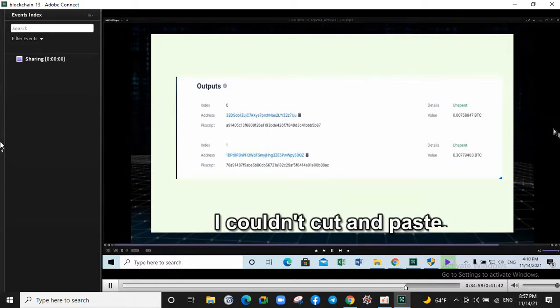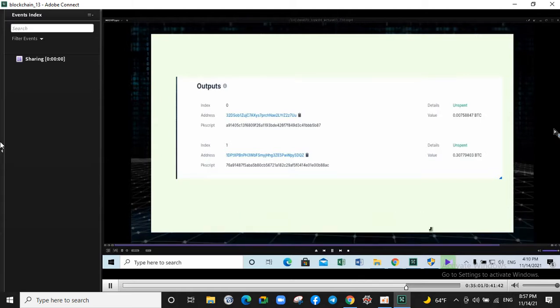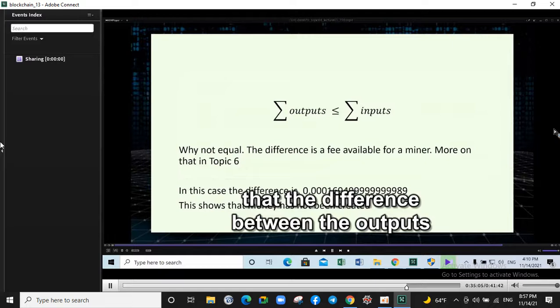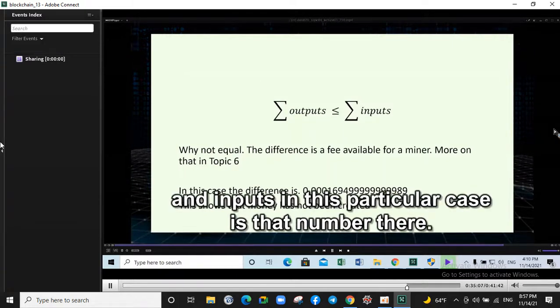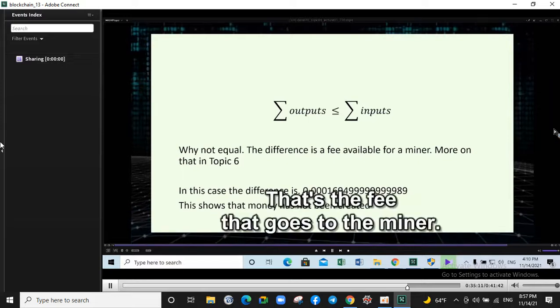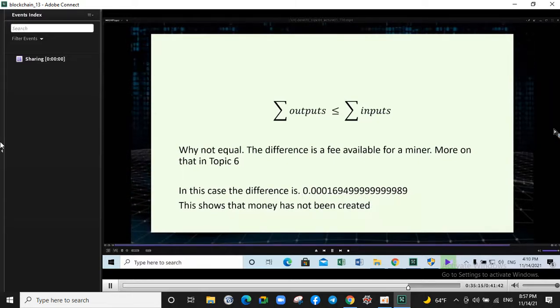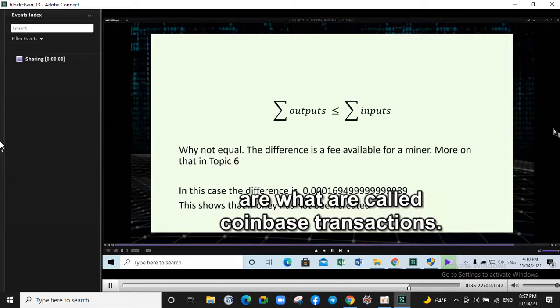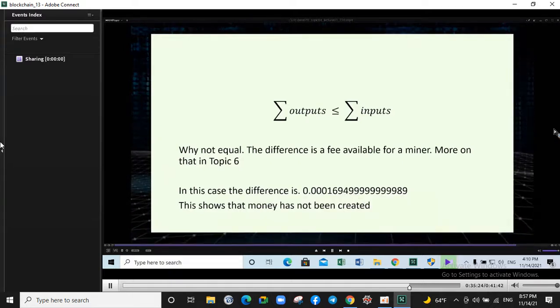I found that the difference between the outputs and inputs in this particular case is that number there. And that's the fee that goes to the miner. And the only transactions where money is created are what are called coinbase transactions.